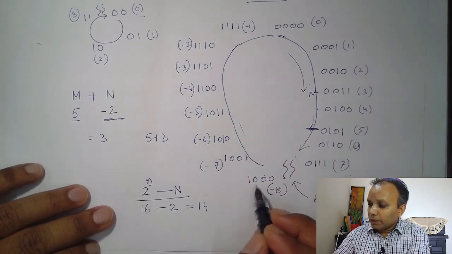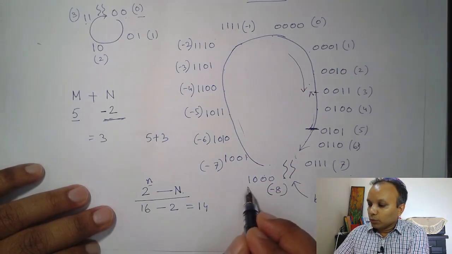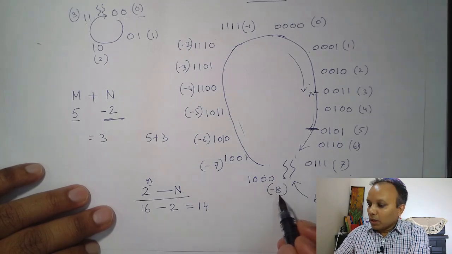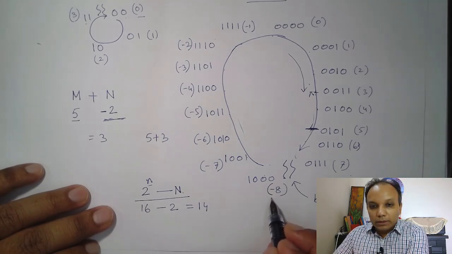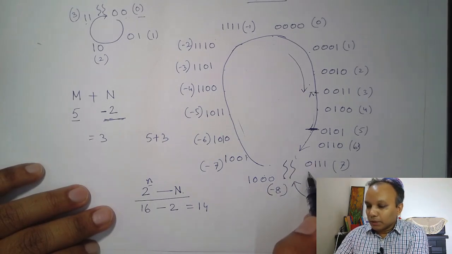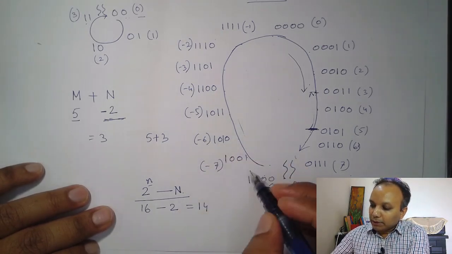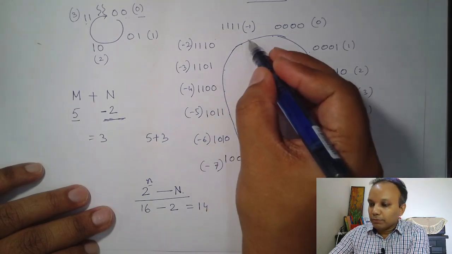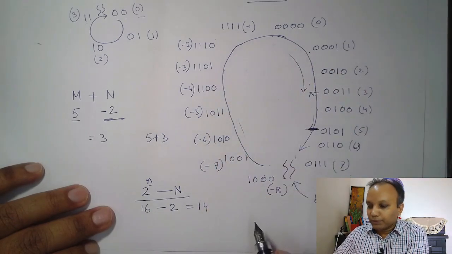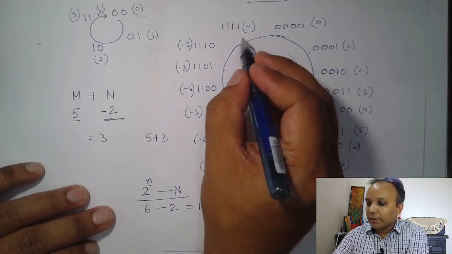But when the binary expression changes from 0111 to 1000, we said that this number will represent minus 8. So essentially there is a break between this plus 7 and minus 8, and then the subsequent numbers are again incremented as we move in the clockwise direction. So from minus 8 to minus 7 and so on, and it ends at minus 1.